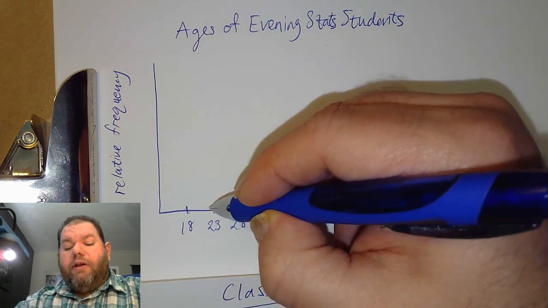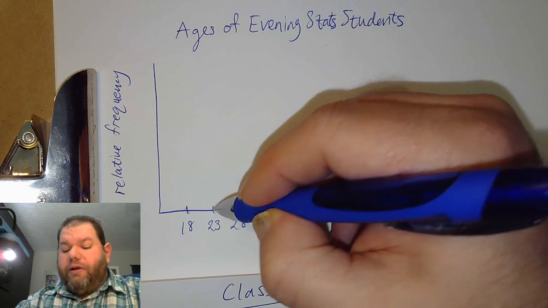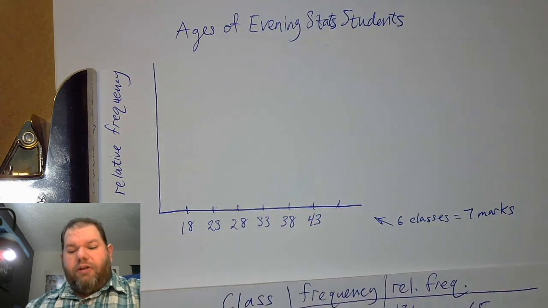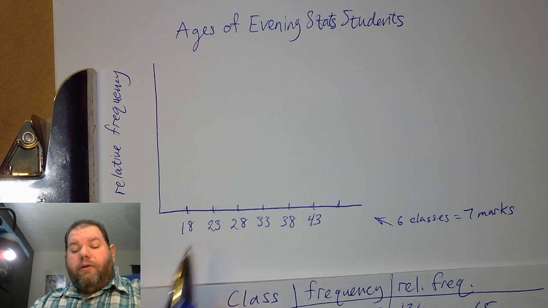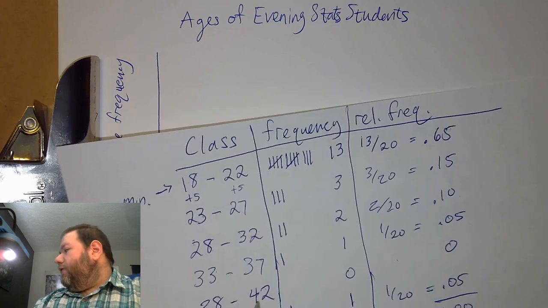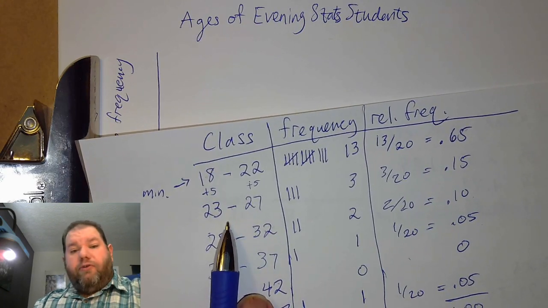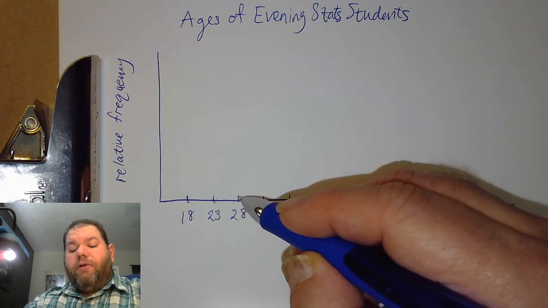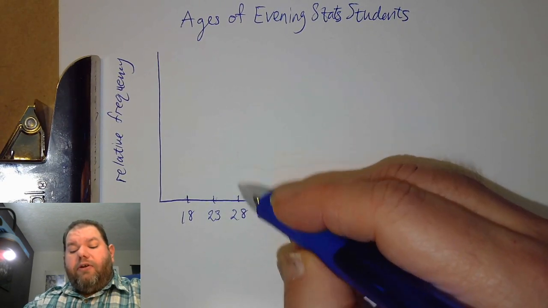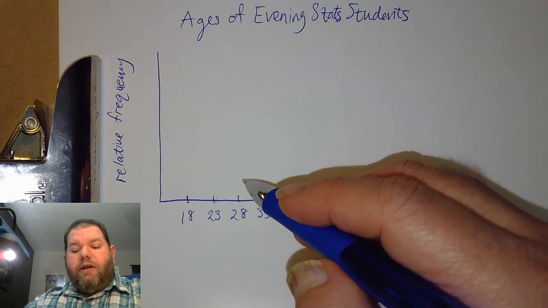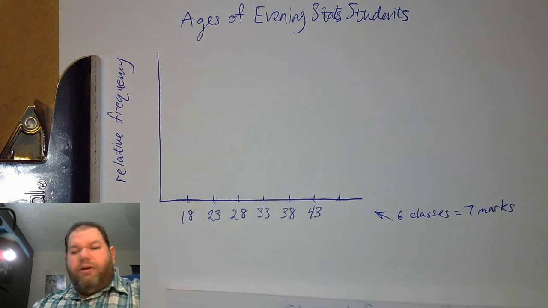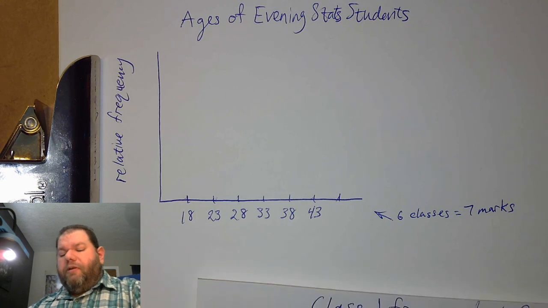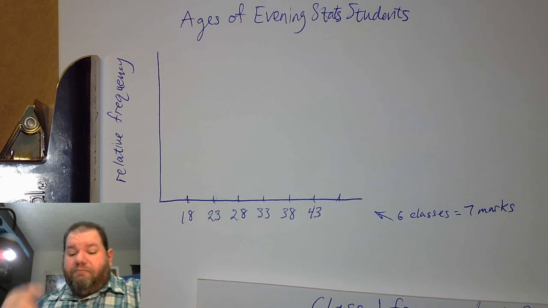It starts at 18 and stops before you get to 23, and so we'll draw its height accordingly between these two marks. Our next class starts at 23, goes to 27. So here we'll actually start at 23, but the bar will end here at 28 where the next one starts. It's a little bit weird, actually. This is how we do it, though.